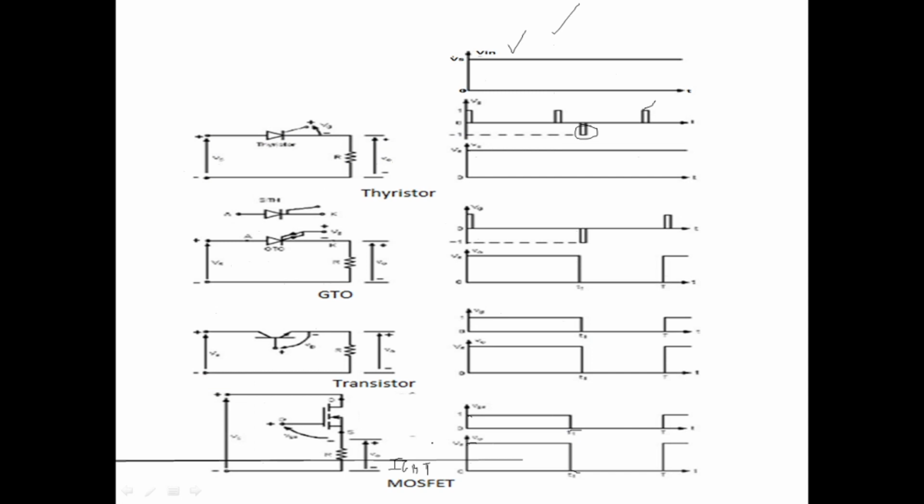This IGBT is almost the same as MOSFETs. In the IGBT, the characteristics of the transistor and the MOSFET are both used. I will tell you one thing. The switching loss of the transistor is high compared to the MOSFET, while the on-state loss of the MOSFET is high compared to the transistor.